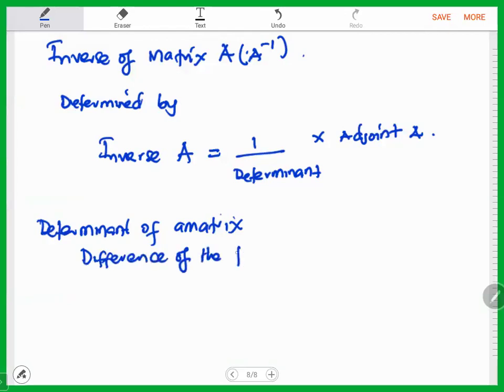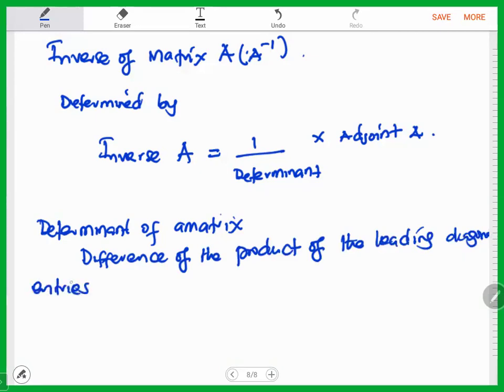This is the difference of the product of the leading diagonal entries and the secondary diagonal entries.